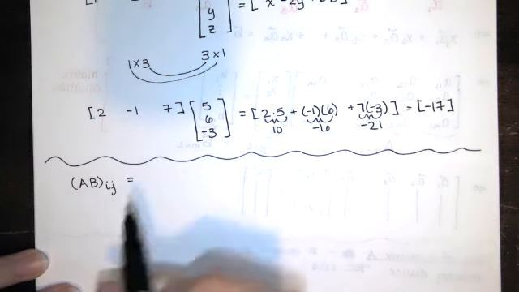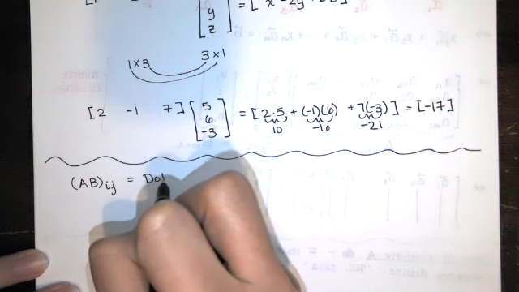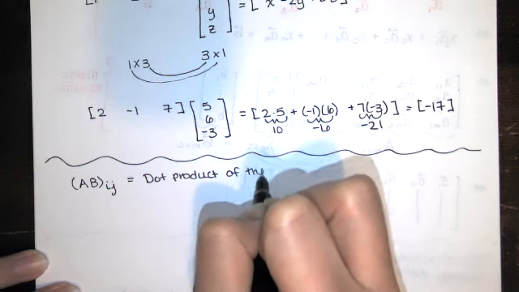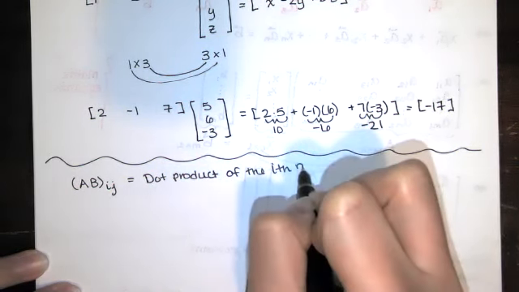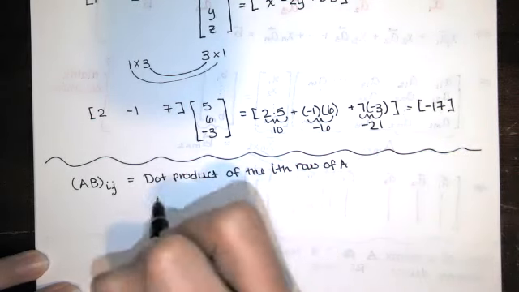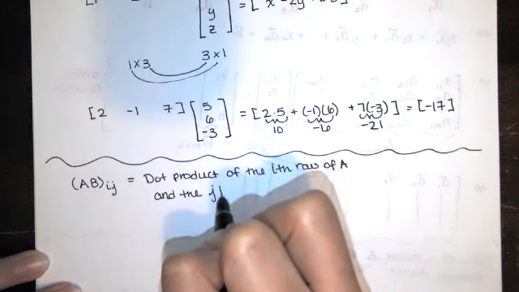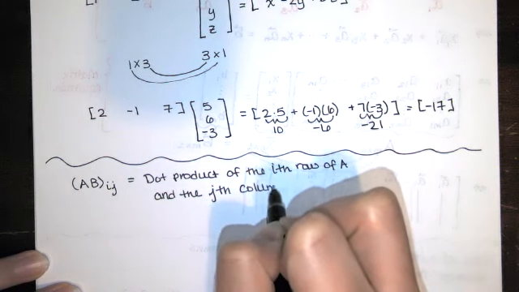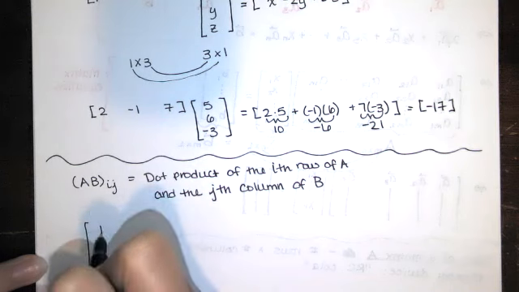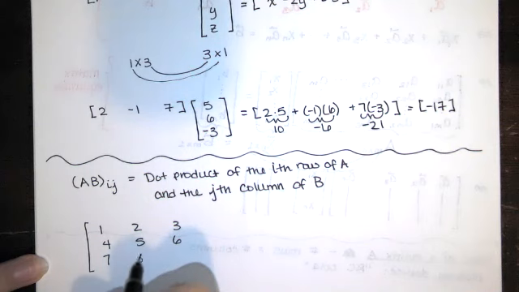This is going to come from taking the ith row of A and dotting it with the jth column of B. And I'll show you what I mean. So if we have 1, 2, 3, 4, 5, 6, 7, 8, 9.